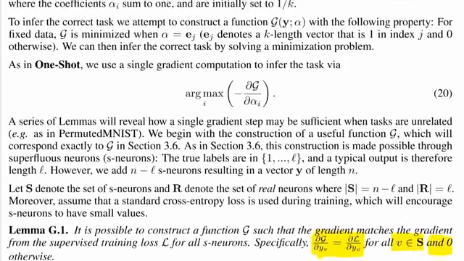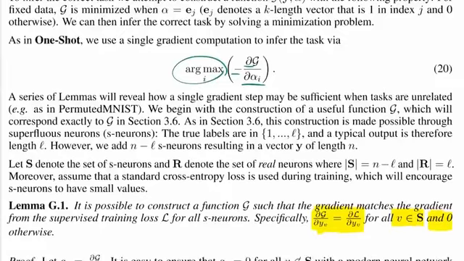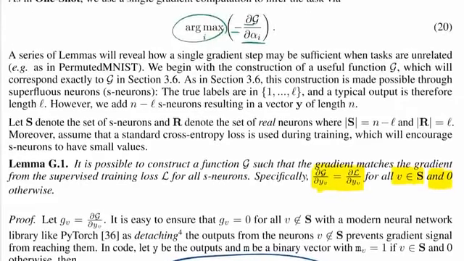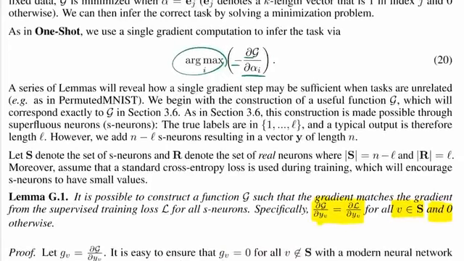All right, now the important part here is what happens if we look at the derivative of g with respect to one of the alphas and take the maximum negative derivative of that g, which is that mysterious function that only looks at the superfluous neurons. So they construct this g by principle. What they say is we want a function g that mimics the supervised loss, right?